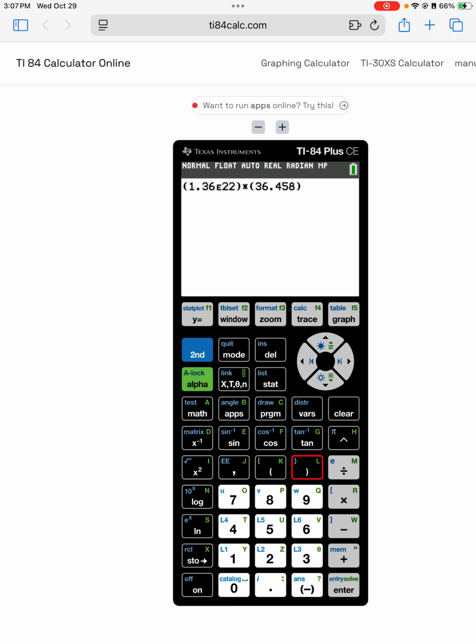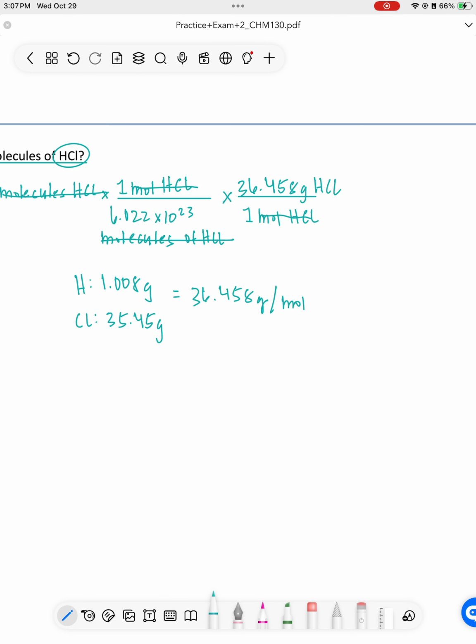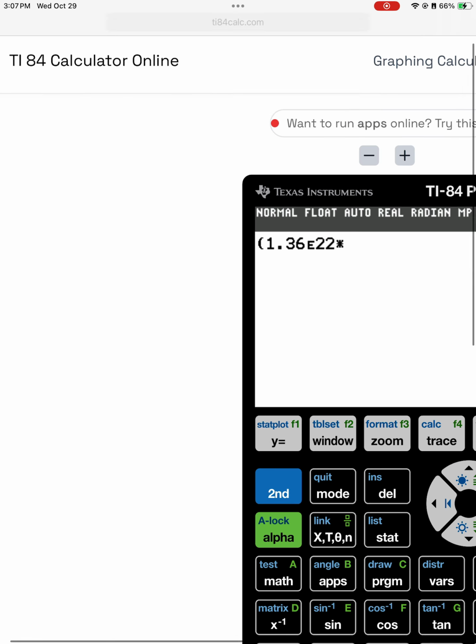I did something wrong here, so we're going to have to clear this. All right, we want 1.36 EE 22 times, I already forgot it again, 36.458.